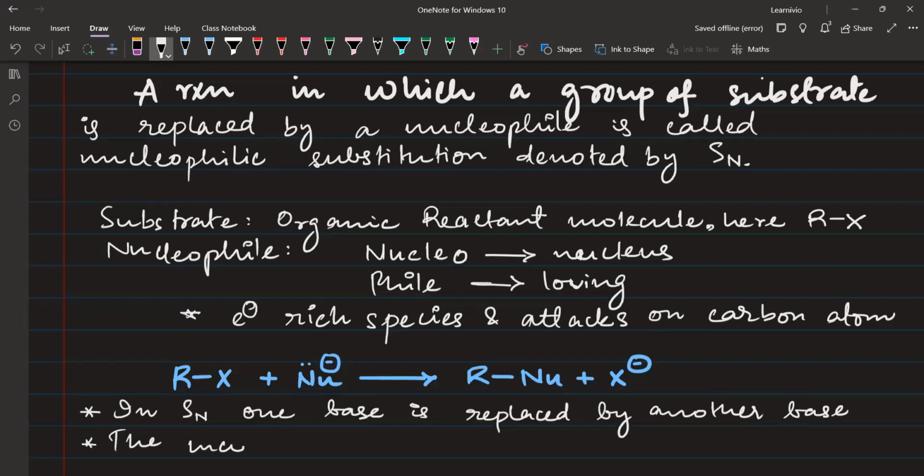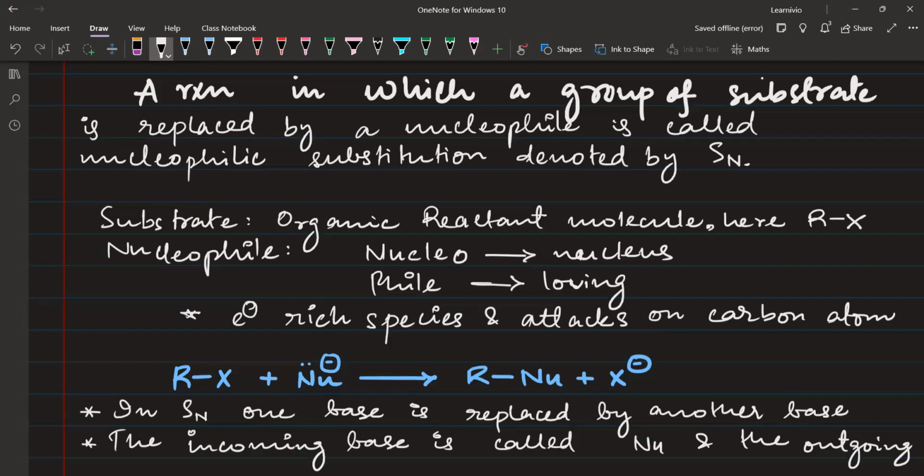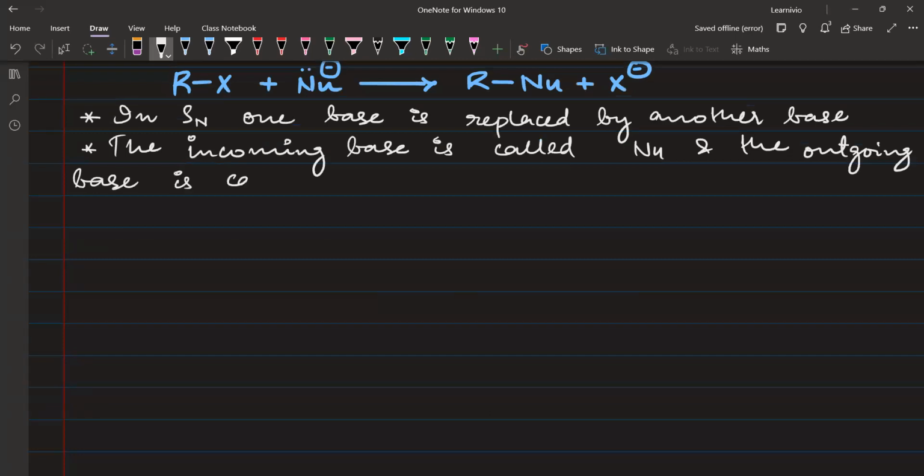The incoming base is called nucleophile, I am just representing it as Nu, and the outgoing base is called leaving group.